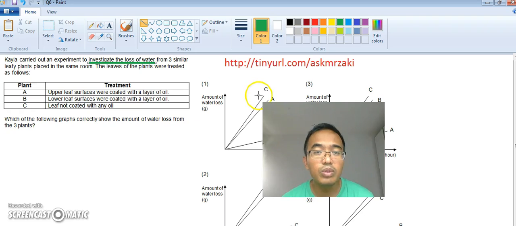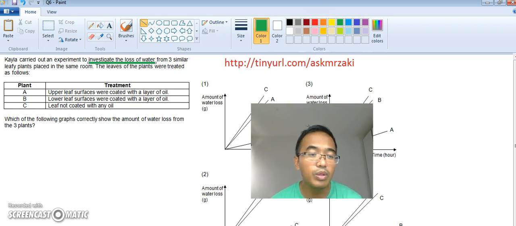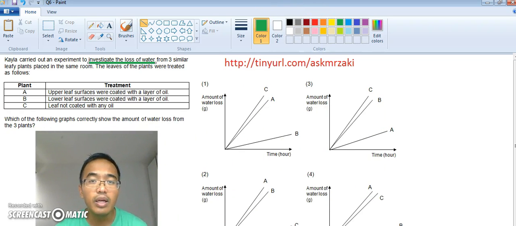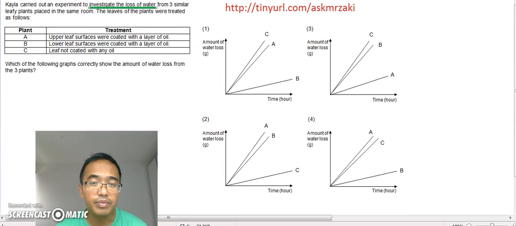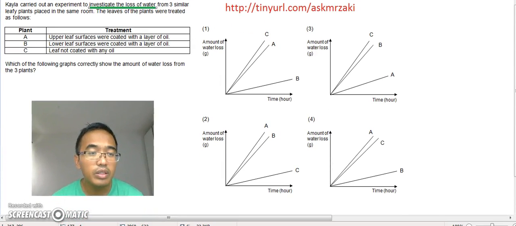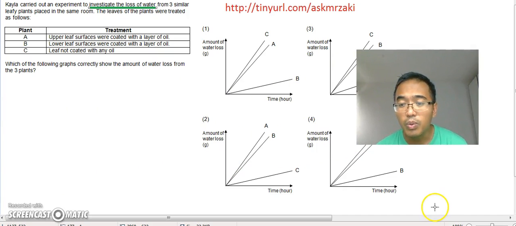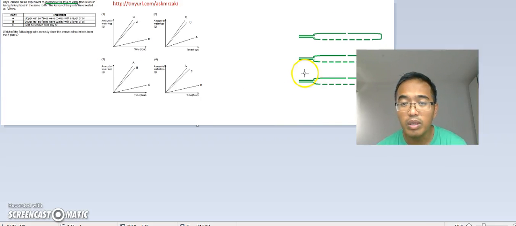Now let's go back to that place just now. Okay, now we do know also that because of water escaping through the leaves, right, we have the water being reduced more and more in the plant.